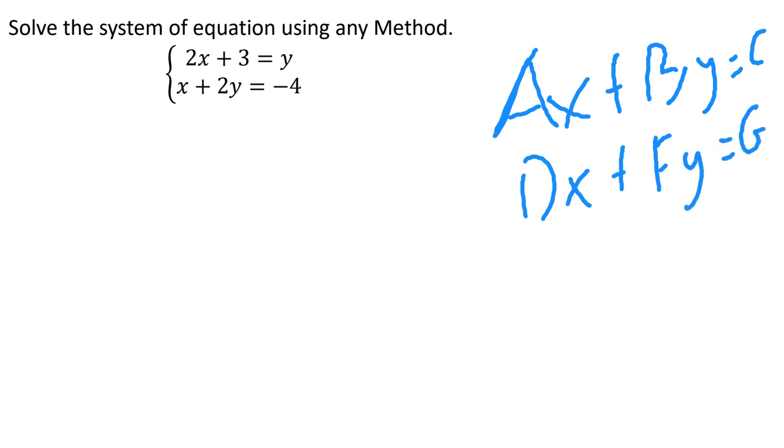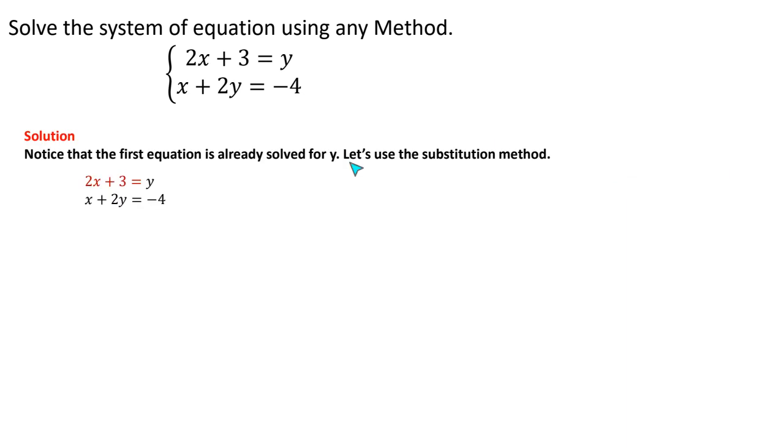So in other words, if my equation has the x and the y on one side for both equations, then more than likely I want to use the elimination method here. But if one of the equations is already solved for a variable, then for myself, I would prefer to use a substitution method because I already know what y is.